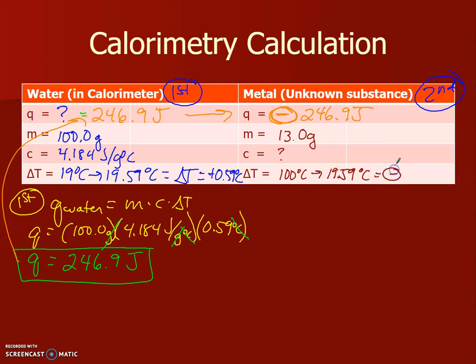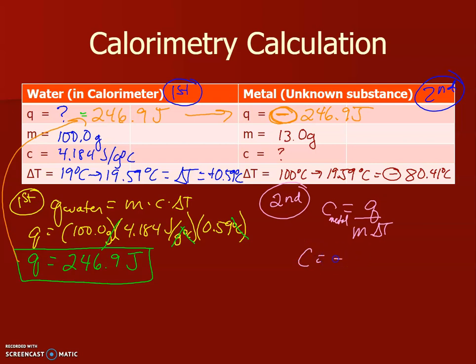So that gives me a negative delta T of negative 80.41 degrees Celsius. So what I'm going to be doing second is solving for C. I'm looking for the C of the metal. What's the specific heat of the metal?